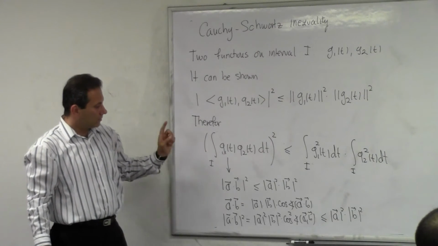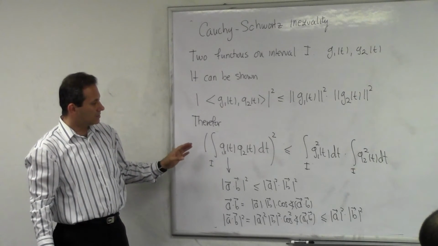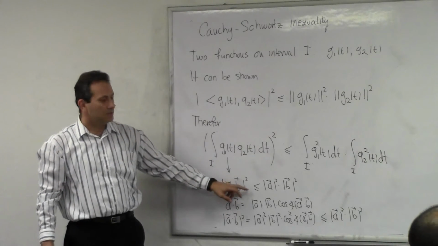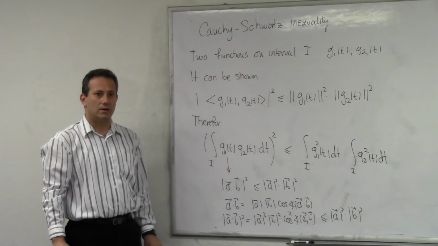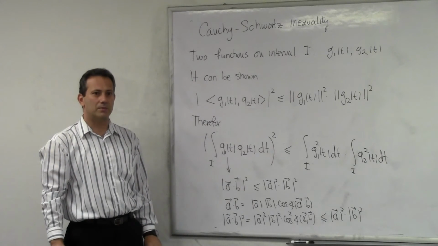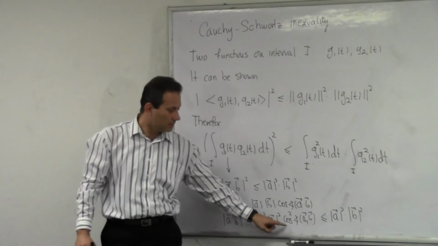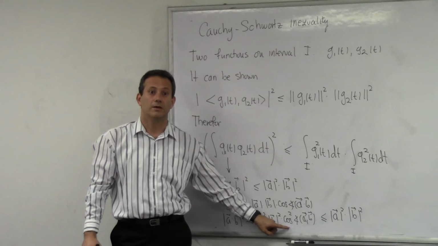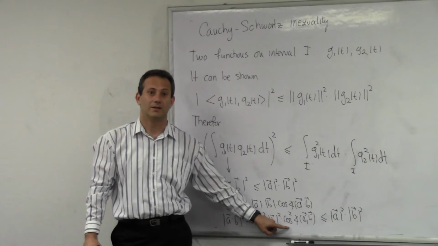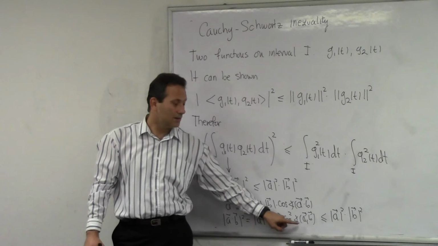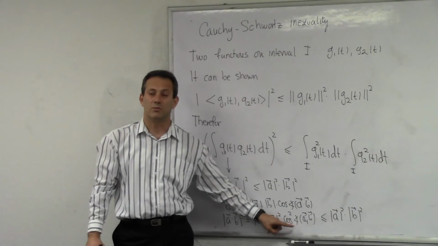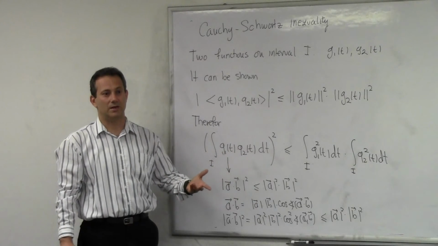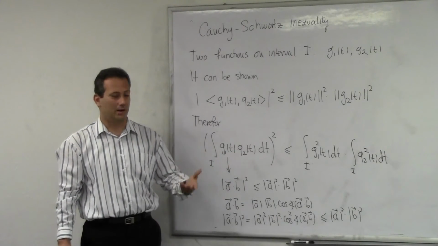Now, what is of great interest to us is, when is it equal? When are these two sides equal? What happens to the cosine? When is that the case? The angle between A and B is 0. So what do we say about these two vectors when the angle is 0? They're parallel, right?